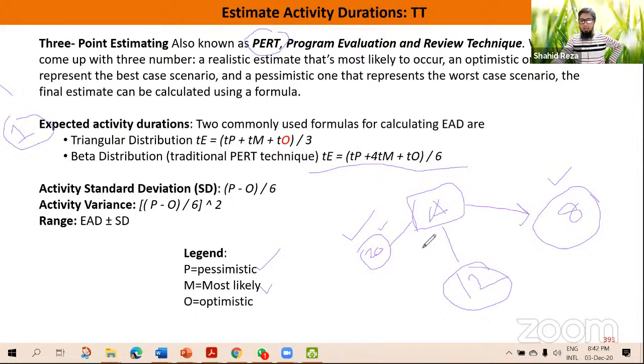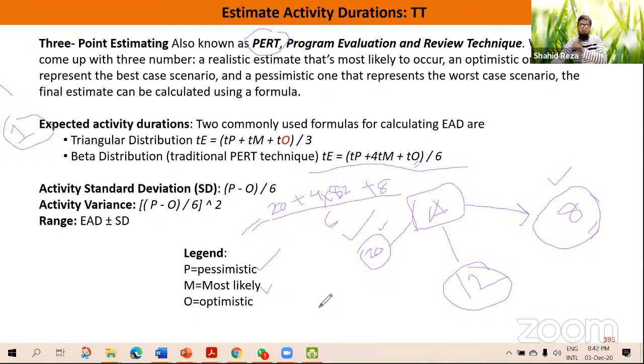In our case, if we use this formula, what will happen? 20 is the pessimistic value, plus 4 times most likely, 12, and the optimistic value is 8. And we have to divide by 6.